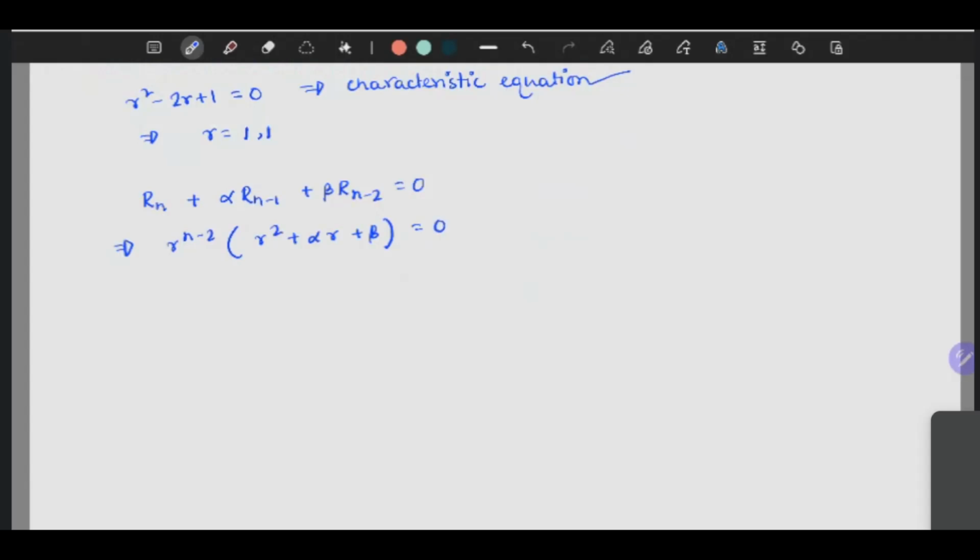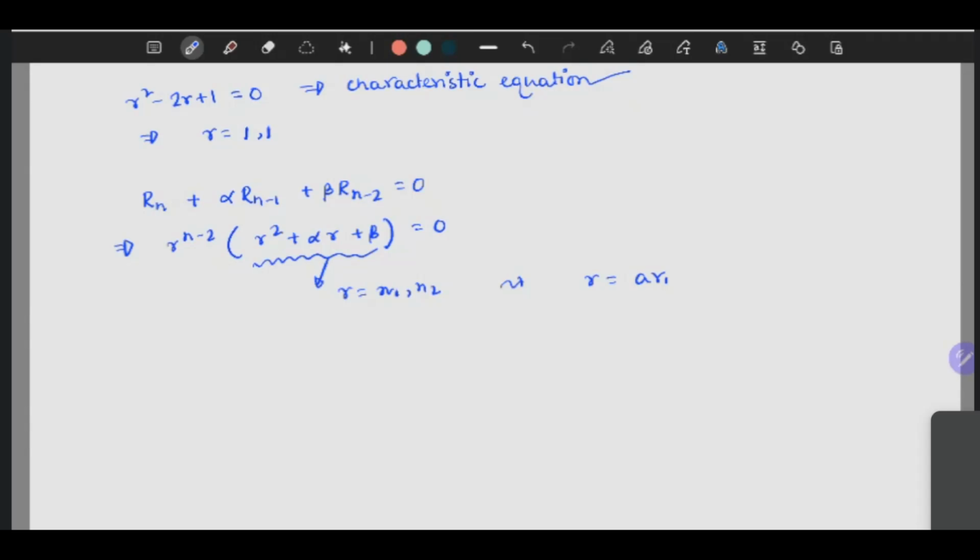You can solve this characteristic equation and get two roots, r1 and r2. Then you can get the expression r1 to the power n and r2 to the power n. Okay, so basically you are solving these things in this way.